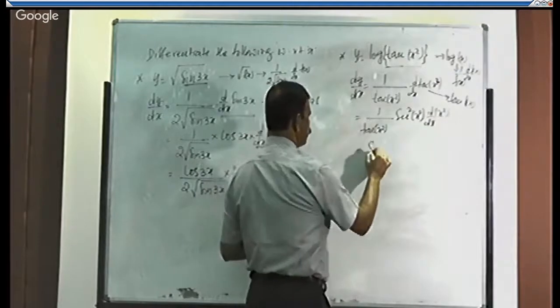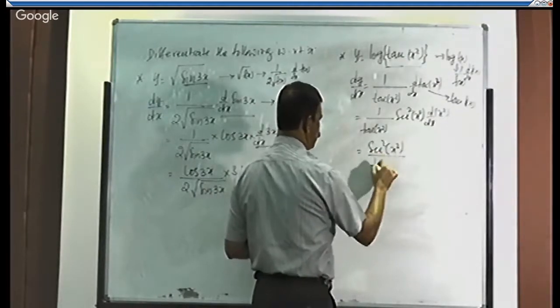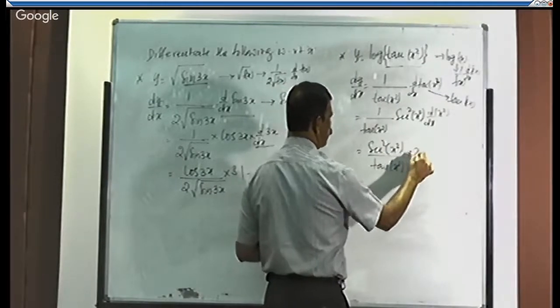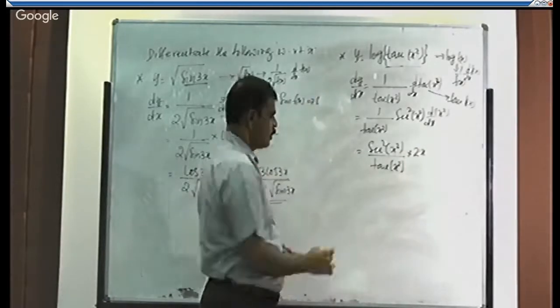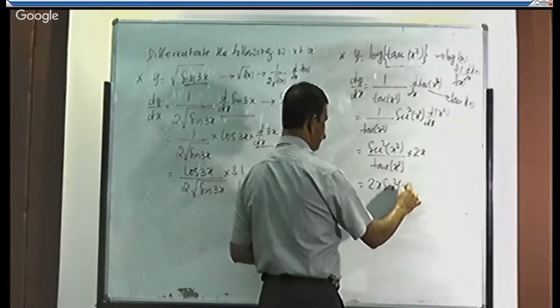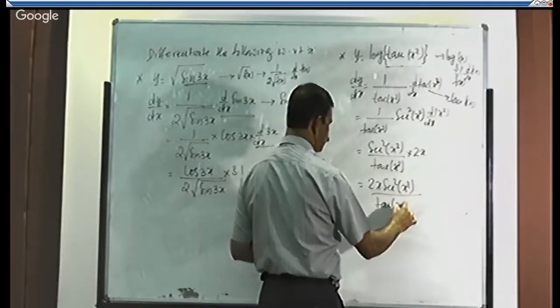That is secant square of x square divided by tan of x square into differentiation of x square. It is 2x. So 2x into secant square of x square divided by tan of x square.